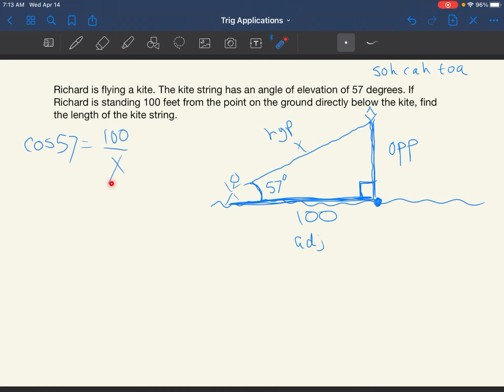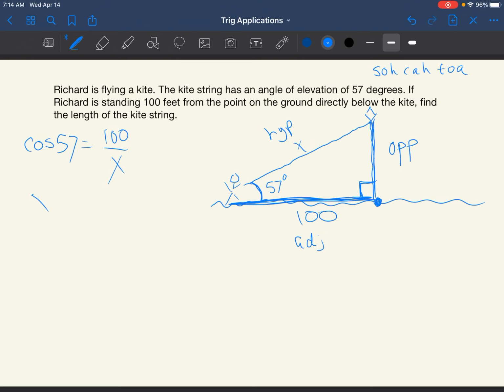Whenever you have X in the bottom of your fraction, you can take the X and put it over here, and you can take this cosine 57 and put it down here. So these two things can switch places, and it will look like this when I do that.